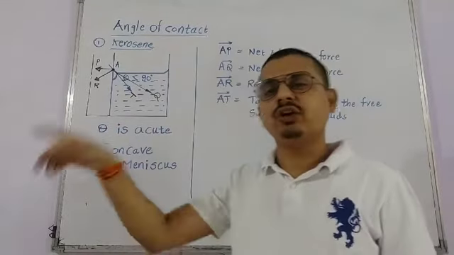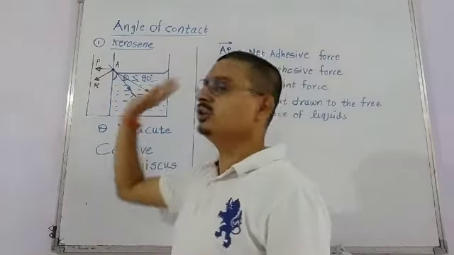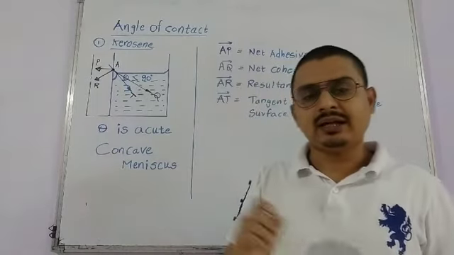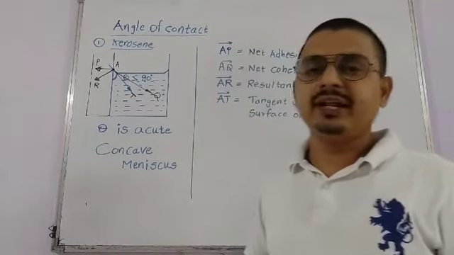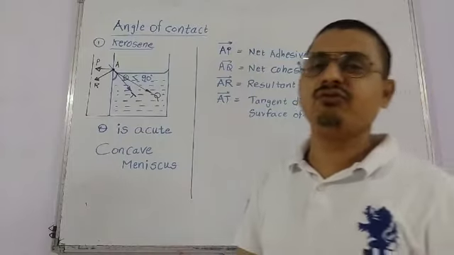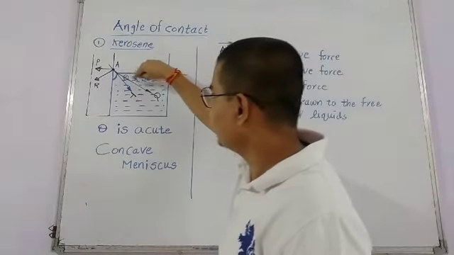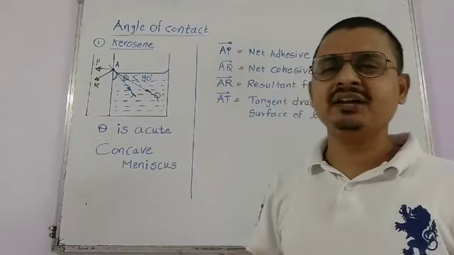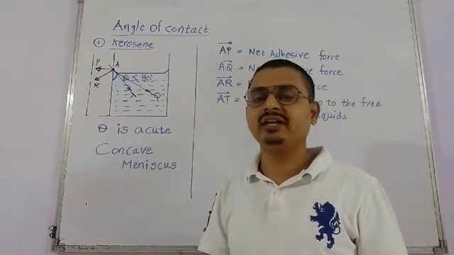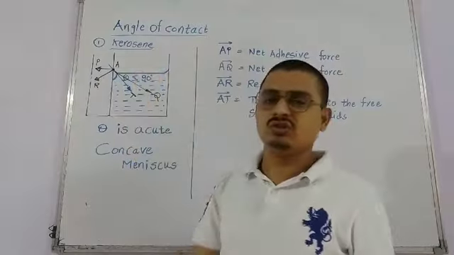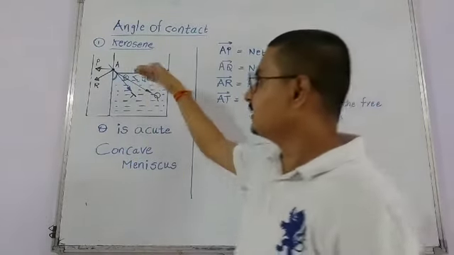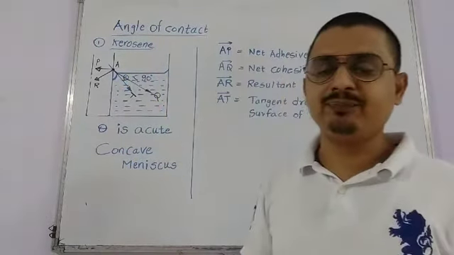If we take the net cohesive force acting on molecule A, it will be inside the liquid and will make an angle of 45 degrees with respect to the surface of the solid. On either side its angle will be 45.